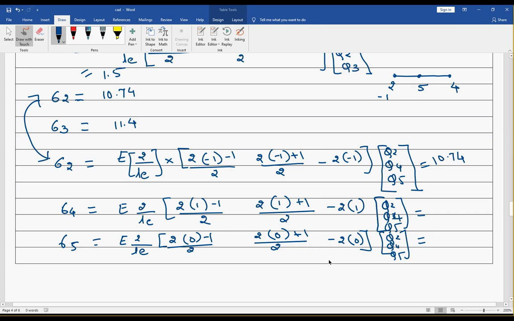Okay, so everybody got the first one fairly correct, depending upon the values we have taken.